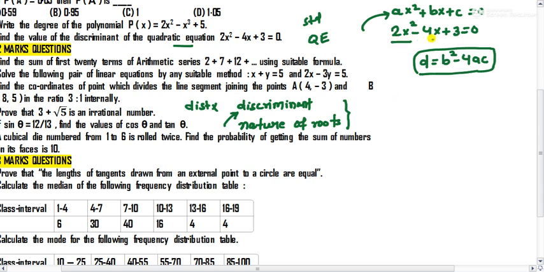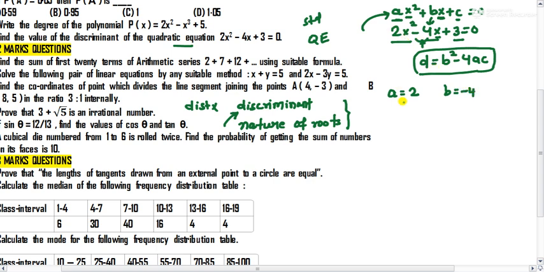Now you have to see what is a, b and c. See here, a is compared with this standard equation. A is the coefficient of x square, so in place of a we have got 2. B is the coefficient of x, so b here is minus 4. You have to look for the sign also.